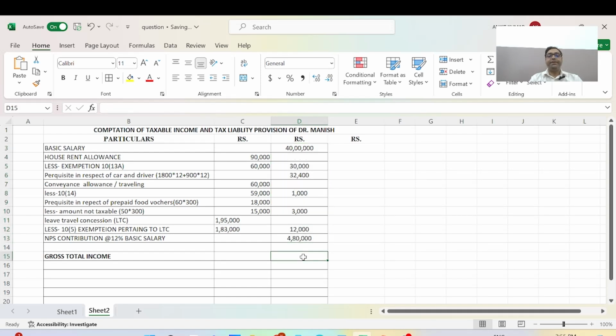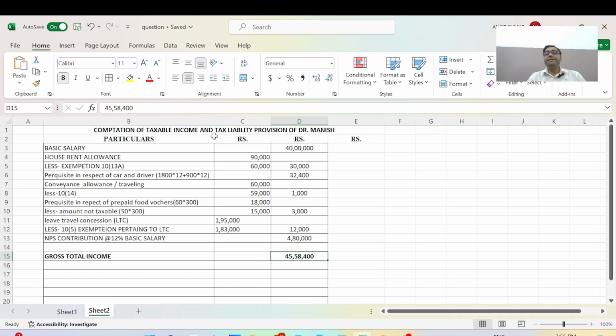This amount is roughly 45 lakh 58,400 rupees. Now the computation of taxable income and tax liabilities of Dr. Manish. We have reached gross salary calculation.